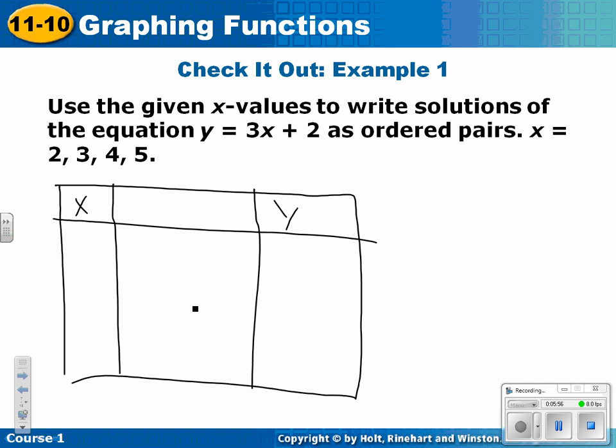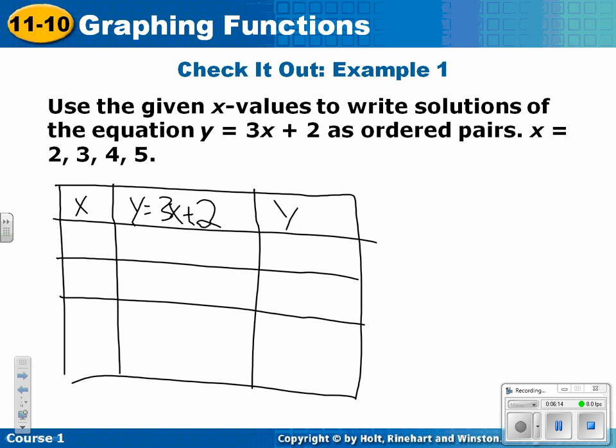Alexis. Plus 2. Oh, plus 2. Okay. And I'm not even going to keep writing this in here. You don't have to either, because I know that you know all you got to do is plug x in. What goes here down this column? Cesar. Yeah, down this column. 2, 3, 4, 5.